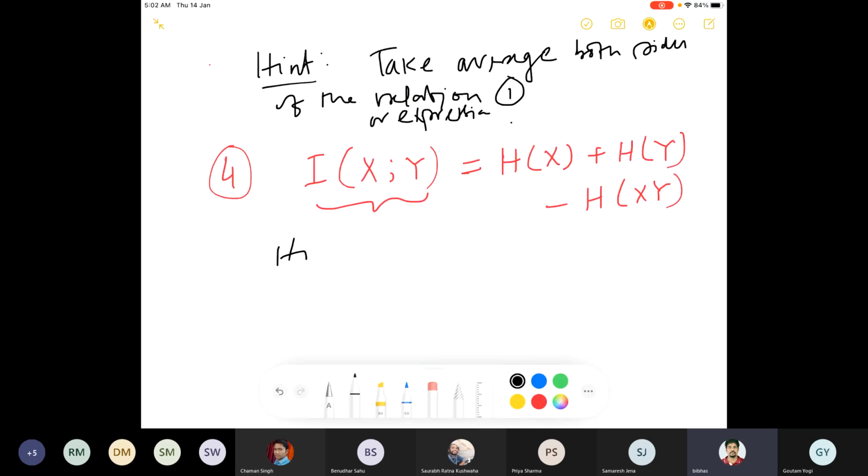The hint is: take the average in the second relation. Take the average, and the average values.